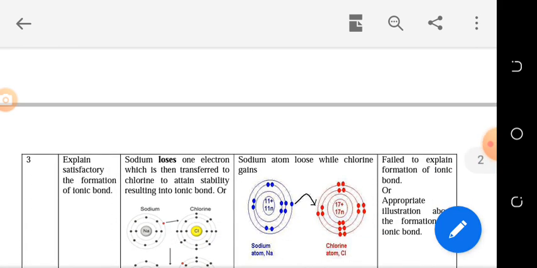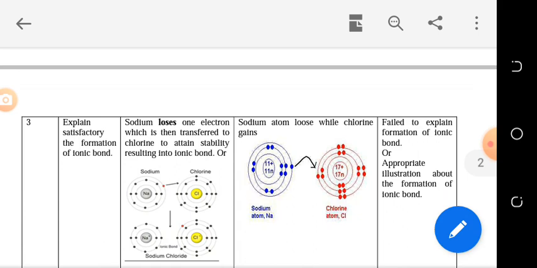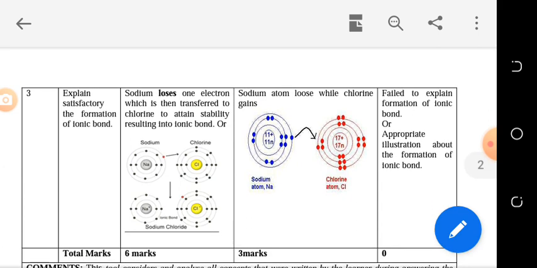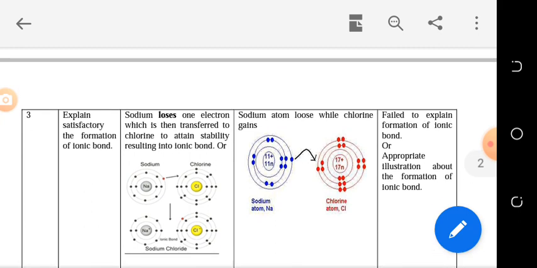The third rubric is to give the detailed explanation, to give the satisfaction of the question, the formation of ionic bond.